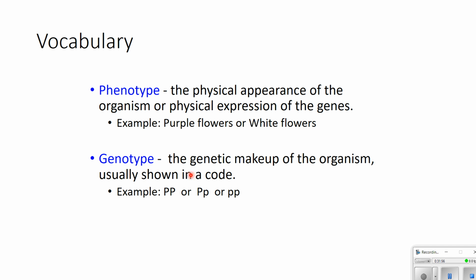So if we're talking about flower color, the possible phenotypes would be purple flowers or white flowers. But if we're talking about genotype, it's either big P, big P, homozygous purple, or big P, little p, heterozygous purple, or little p, little p, which is homozygous white.